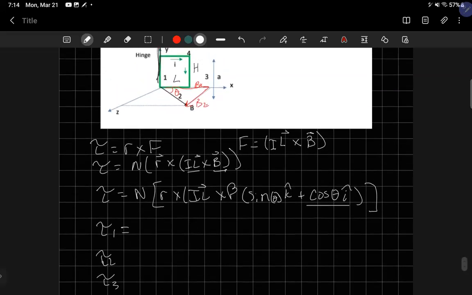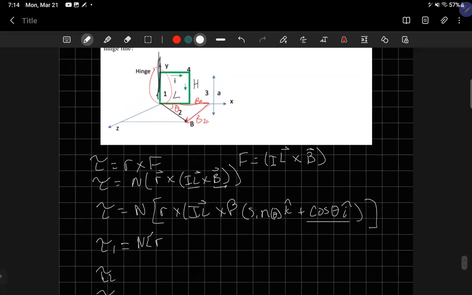This first segment right here, I'm guessing that'll probably be N, R, and then R is going to be in the J, cross L, I. Current is going in the I. I believe it'll be J cross B, this should be the same.